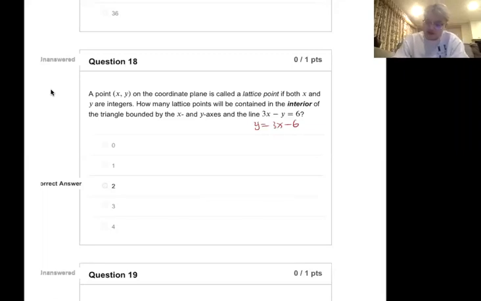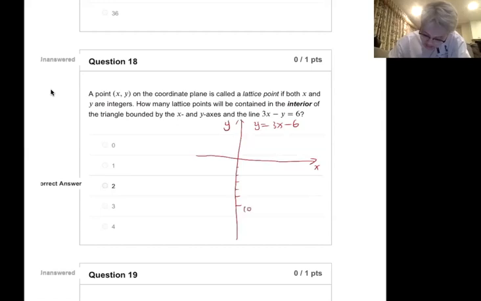For this question, we simply need to draw out the xy axis and the line, and we can tell by the graph. So x-axis, y-axis, y equals 3x minus 6. So the y-intercept will be 0, negative 6.